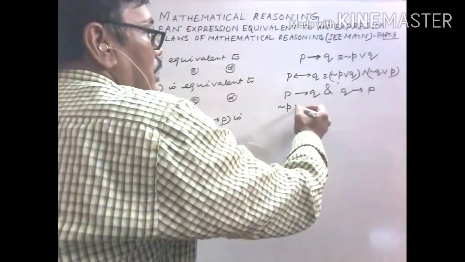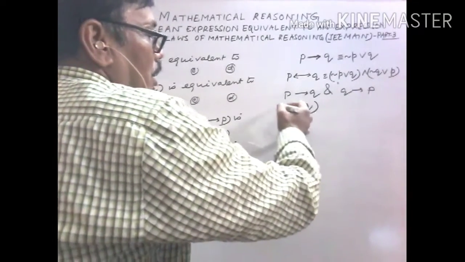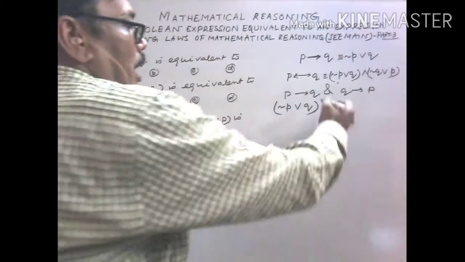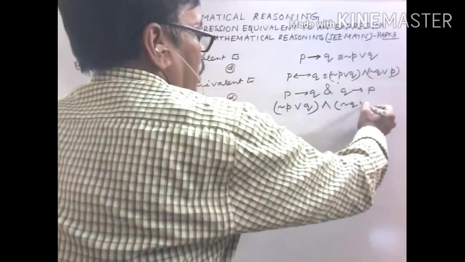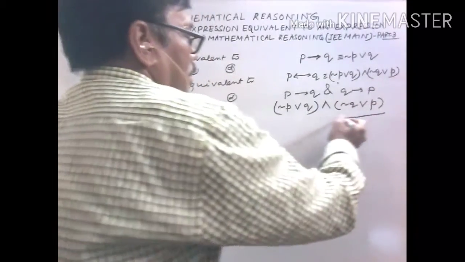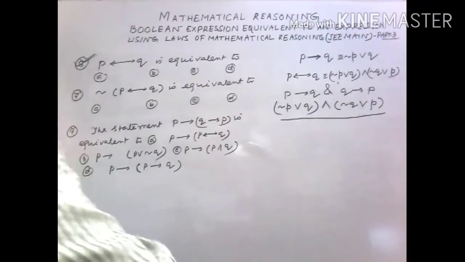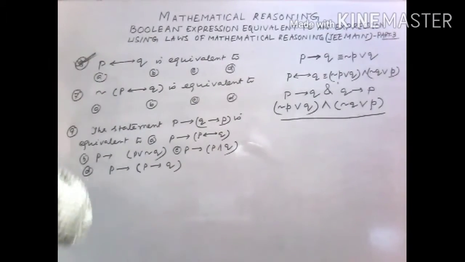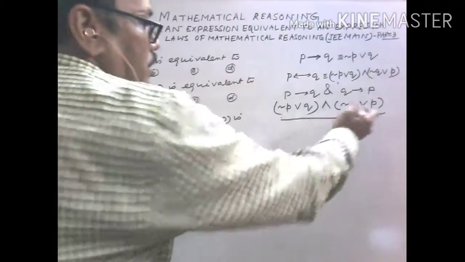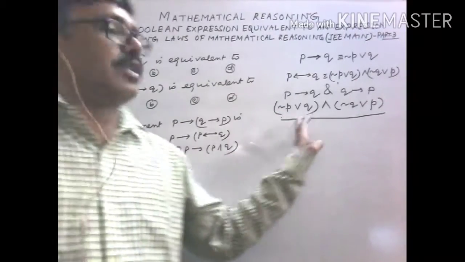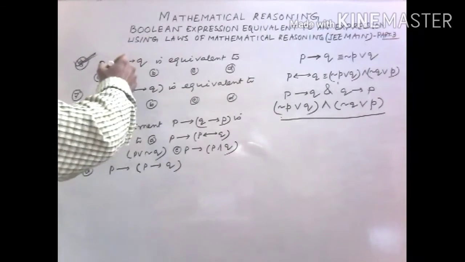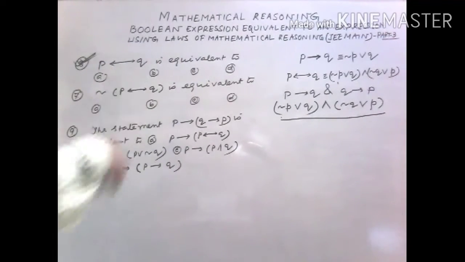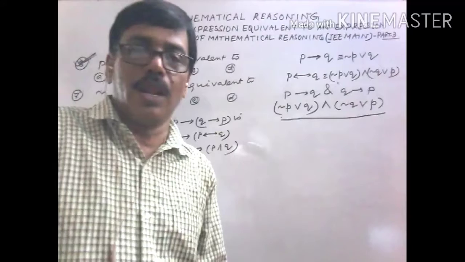Negation P union, or disjunction, Q, and Q arrow P means negation Q union P. So this is a direct formula. You see from the description which option is correct.